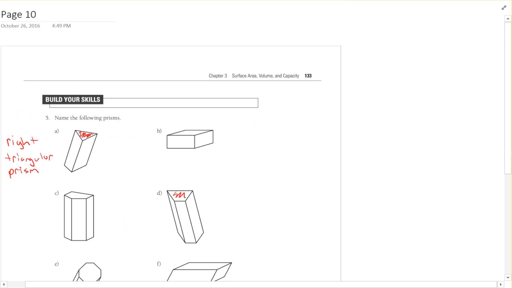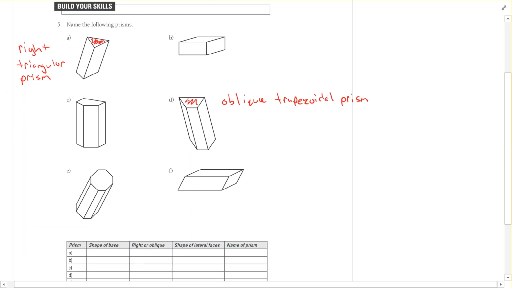It's off on an angle. So you'd say this is an oblique trapezoidal prism. So that'd be the name of that one.